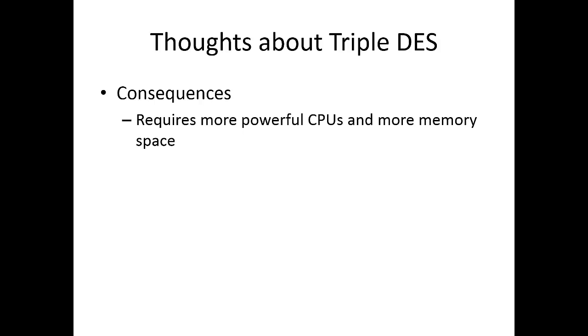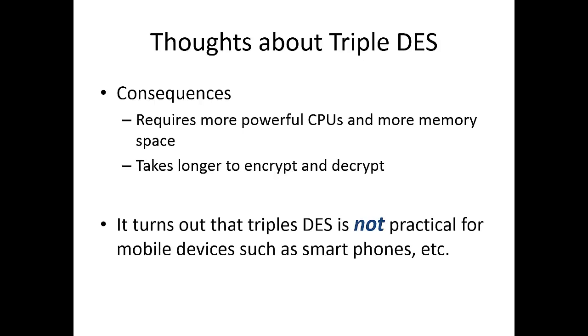It also takes longer to encrypt and decrypt because of that reason. So it turns out that triple DES is not practical for mobile devices such as smartphones, because of this requirement in terms of CPU power and memory space.